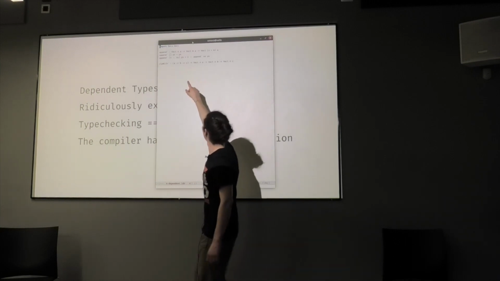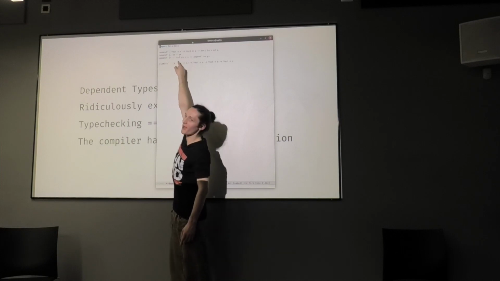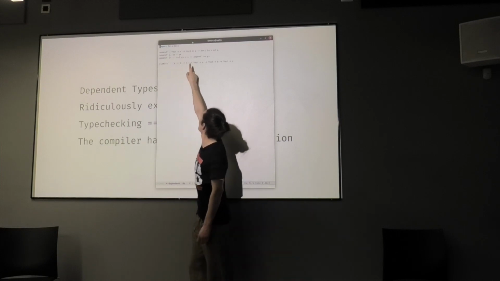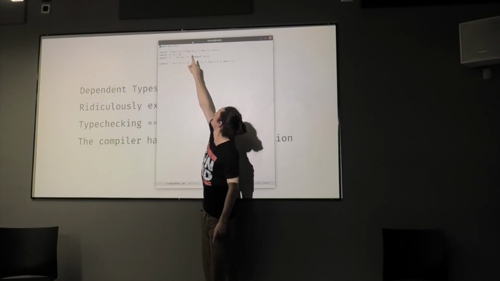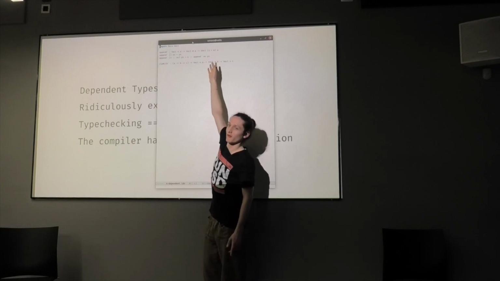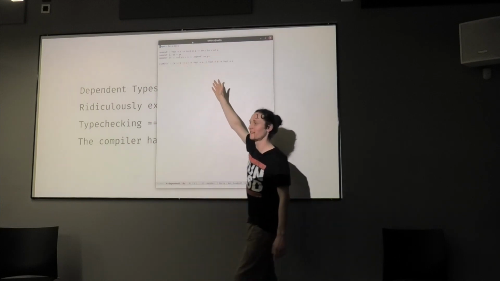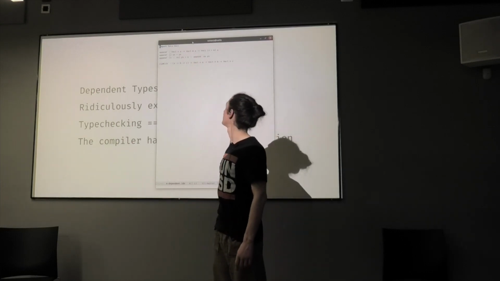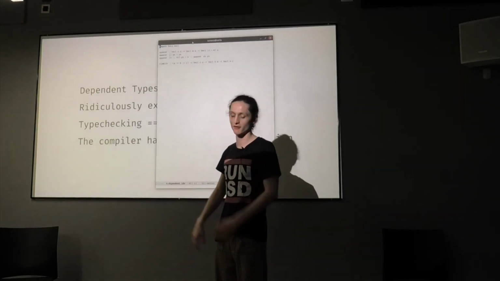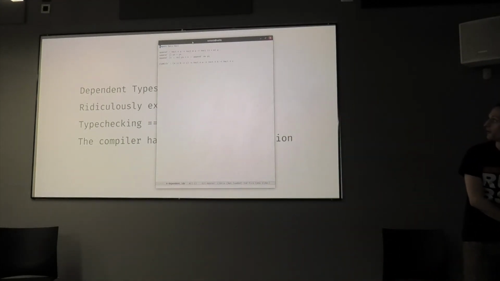I've got this append function here, and it takes a vector of n elements of type A and a vector of m elements of type A, and it produces a vector of n plus m things, and I can actually say that in the type, right? Normally that would be something you had to test and make sure yourself that you got correct. Obviously it's a very simple program, but the compiler will actually check this for us.